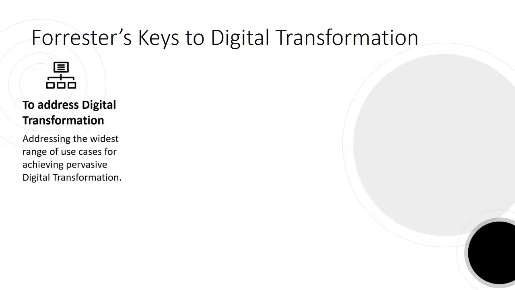The first of which is for a true and pervasive digital transformation, we need to address the widest range of use cases. This can mean things like variance in scope of an application, from a process that serves an individual group or division, to something that touches every team across the organization.